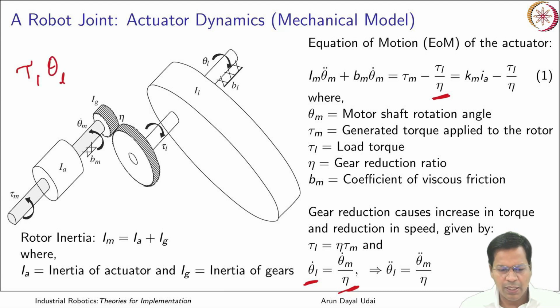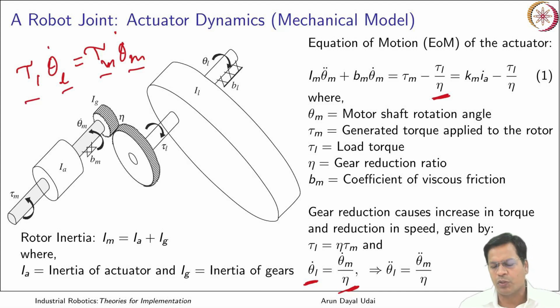tau L theta L dot should be equal to tau M theta M dot. This is angular velocity into torque, angular velocity into torque, that is work done at the input should be equal to work done at the output. So theta L dot is theta M dot by eta.